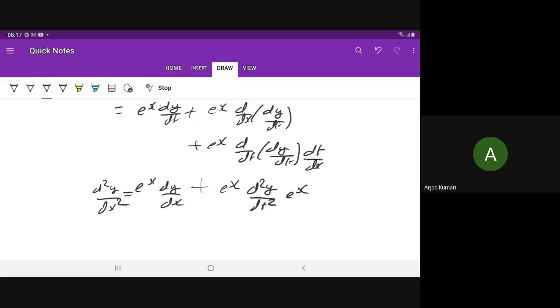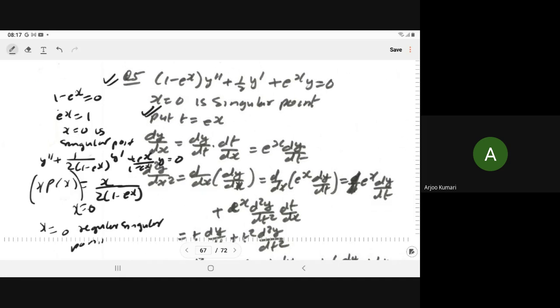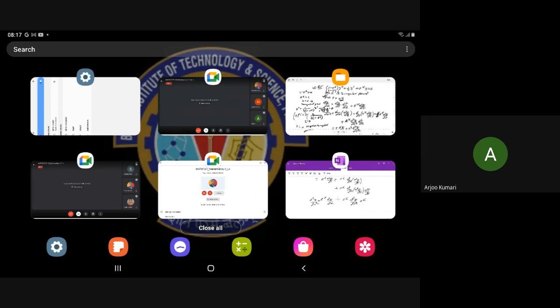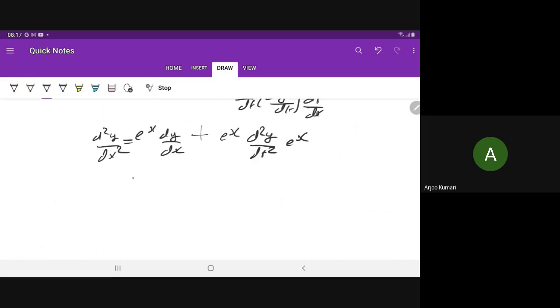So using this substitution, what will you get? The original equation is 1 minus e to the power x, y double dash plus half y dash plus e to the power x y. As we have substituted e to the power x as t, this becomes 1 minus t, and here we have y double dash. From the earlier computation, y double dash is t dy by dt plus t square d2y upon dt2, because e to the power x is t.